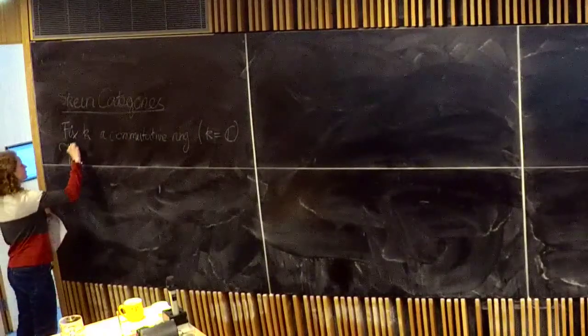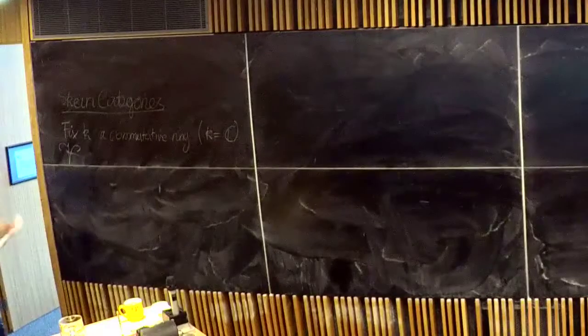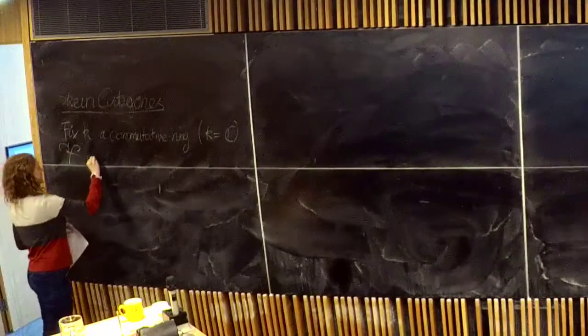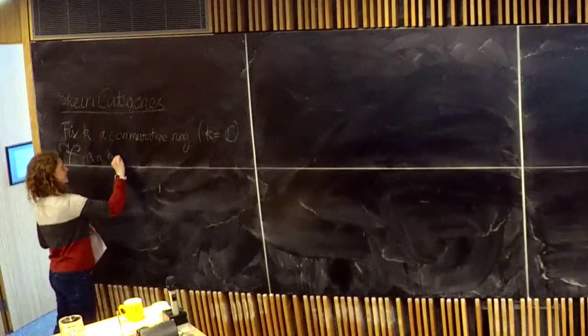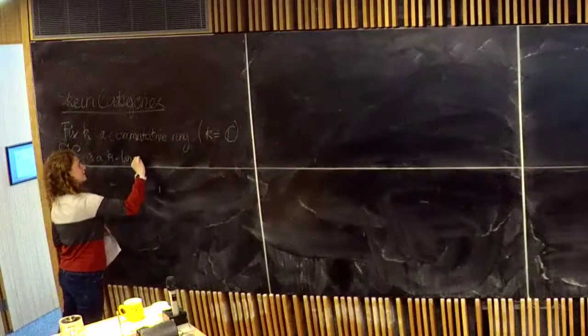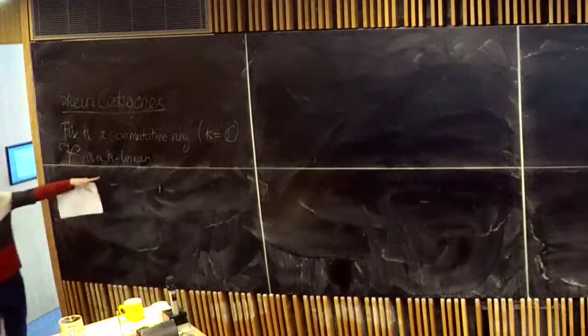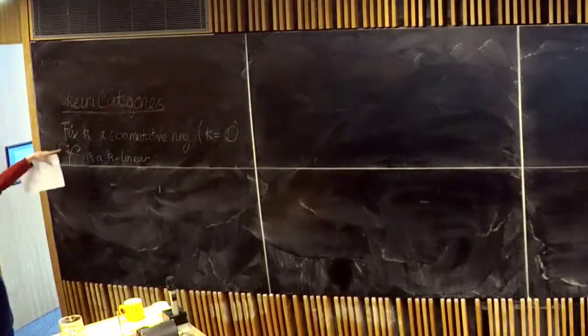And I will script V is a linear category, by which I mean enriched over K-modules.